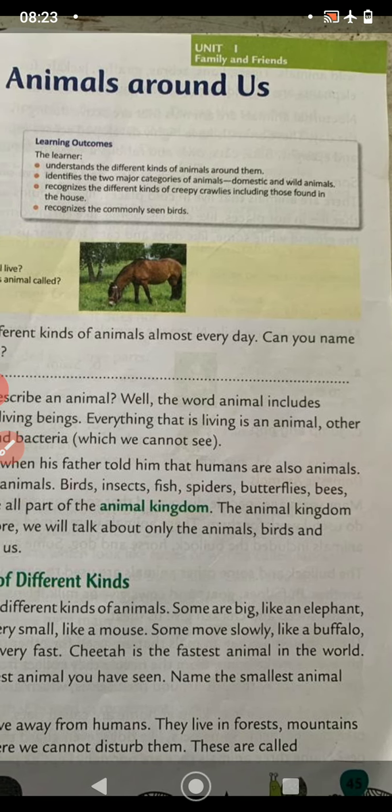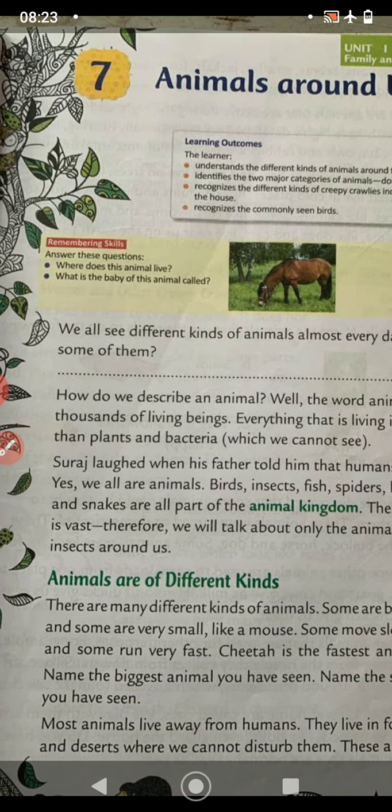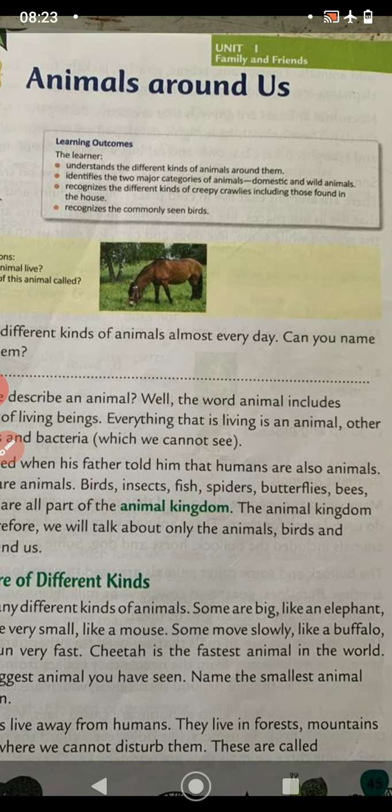Some move slowly like a buffalo and some run very fast. Cheetah, please underline, children, this is important. Cheetah is the fastest animal in the world.